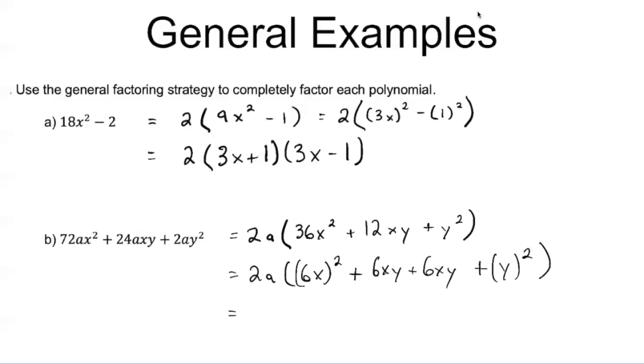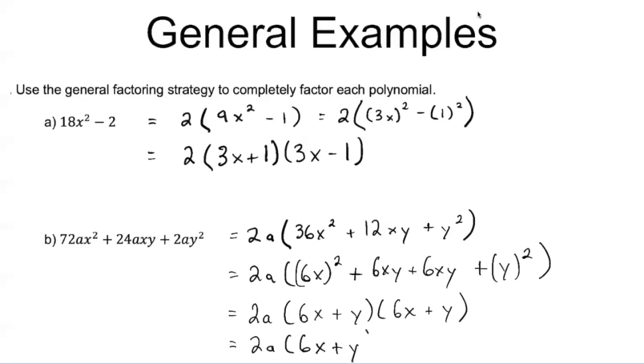So that gives me 2a times 6x plus y times 6x plus y. What this is known as is a perfect square. So that can be simplified even further as 6x plus y all squared, because that is a perfect square as opposed to a difference of two squares.